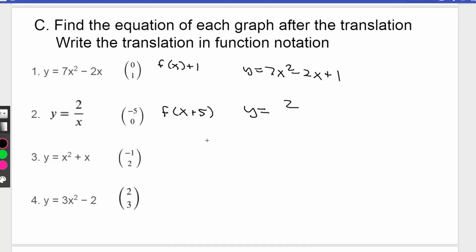Basically what I wrote was add 5 to the x's. This is going to make it go 5 to the left. So if I can take this notation and then translate it into that function notation, the function notation basically tells me what it is I got to do. So pause it and try doing number 3 and number 4.